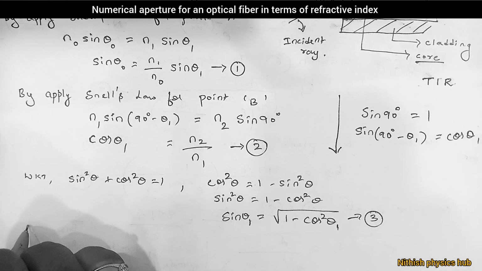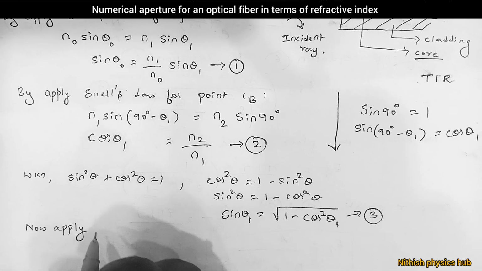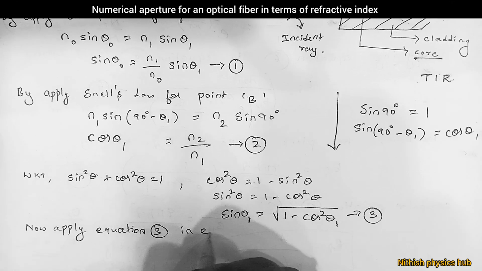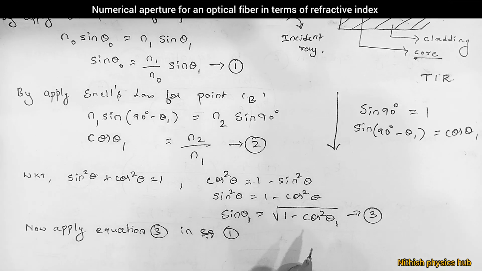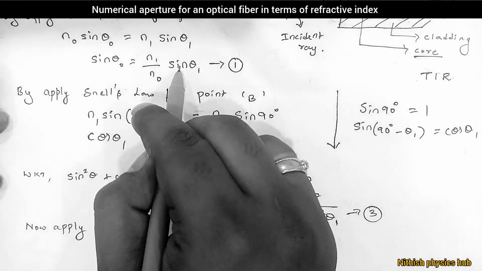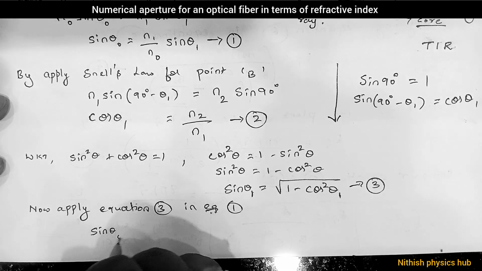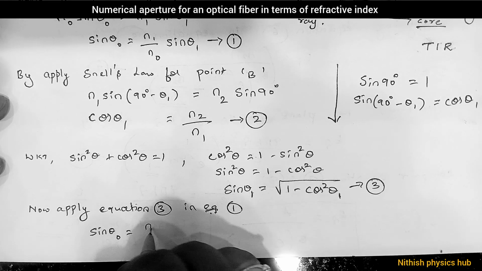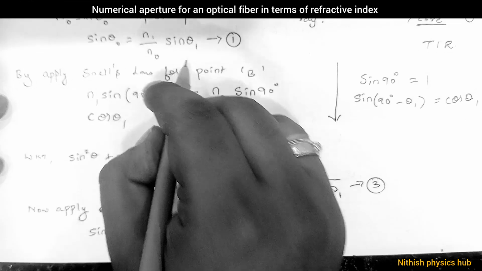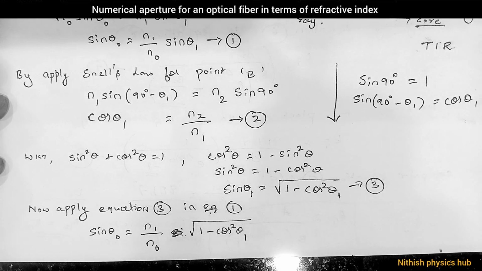Now apply equation 3 in equation 1. In the place of sine theta 1, I will replace this value as the square root of 1 minus cos square theta 1. Sine theta naught is equal to n1 divided by n naught, and in place of sine theta 1, I will replace it as the square root of 1 minus cos square theta 1.